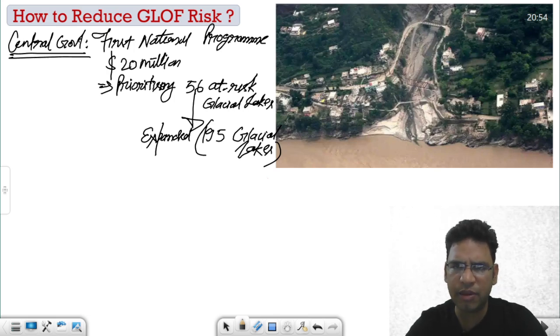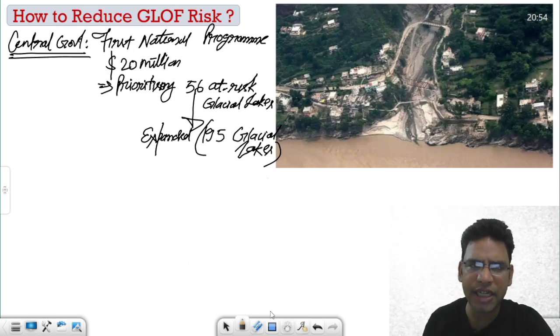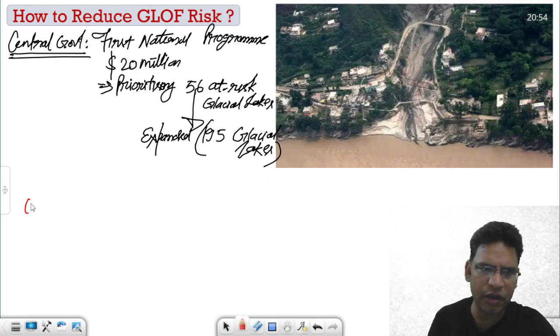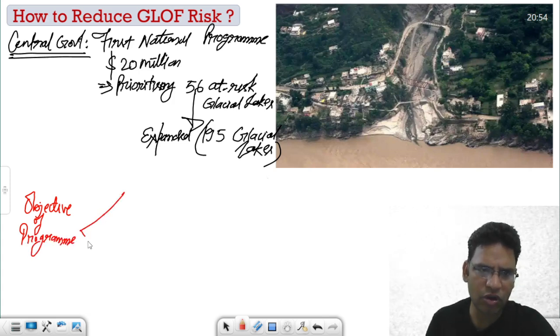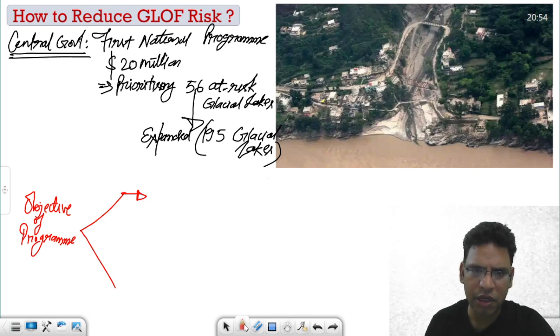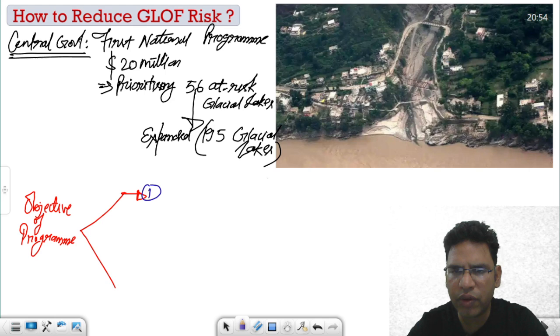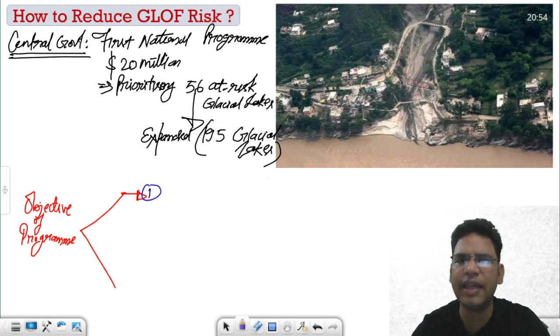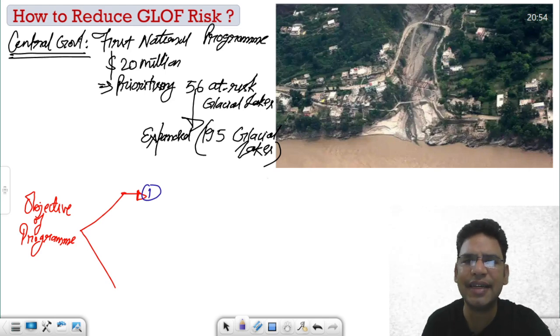What is the objective of this program? Objective of this program is fivefold, right? Number one, what they are doing basically, is hazard assessment of each lake, right?